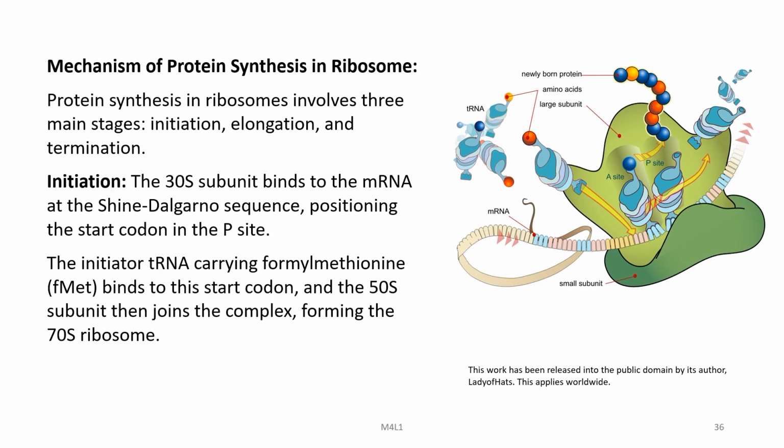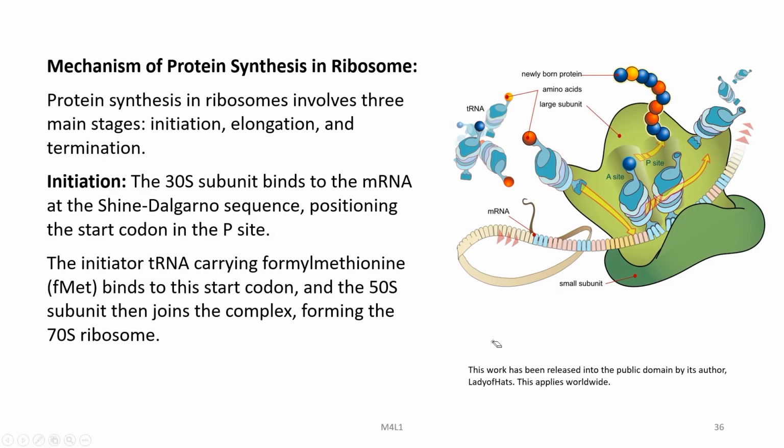Then let us look into the mechanism of protein synthesis in the ribosome. Protein synthesis in ribosomes involves 3 main stages: the initiation stage, the elongation stage, and the termination stage. In initiation, the 30S subunit binds to the mRNA at the Shine-Dalgarno sequence, positioning the start codon in the P site. So, you can see here the P site.